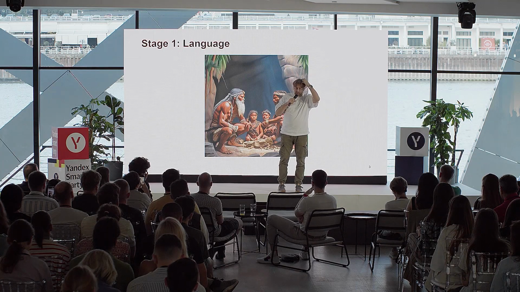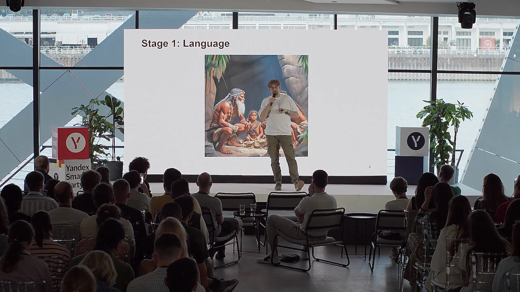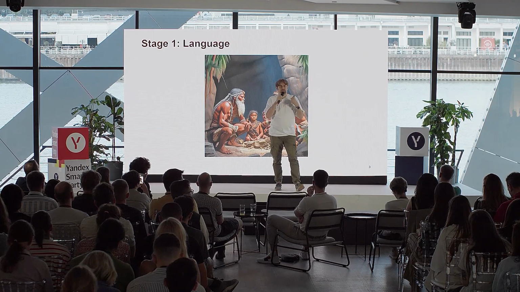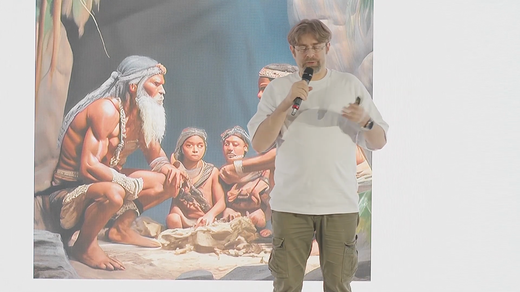Look at the first stage. It's very, very old. Language is key for humanity, actually. I don't believe that anything in the world of information can be more important than this. A human got the ability to not only use their own experience, but also share it with others.